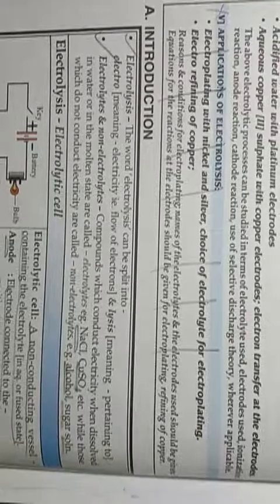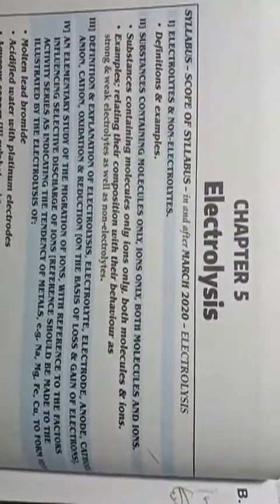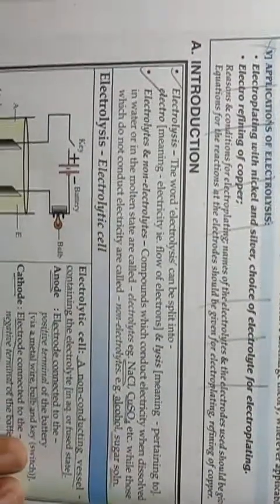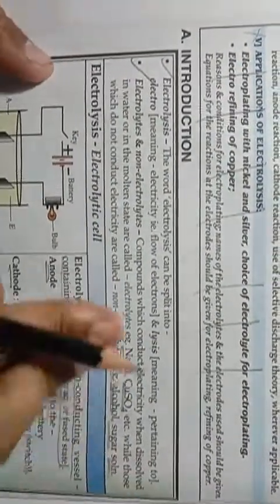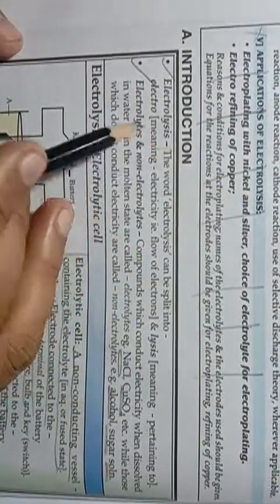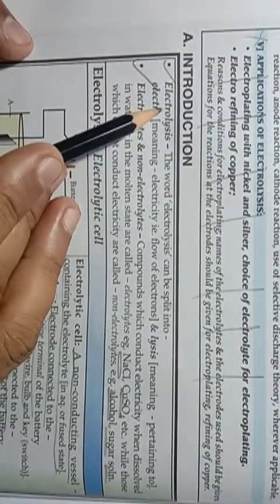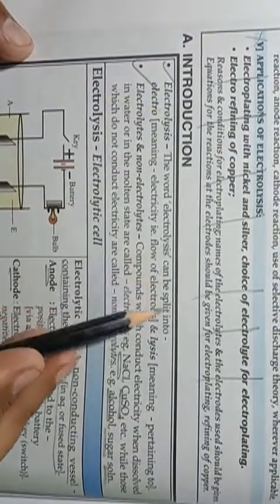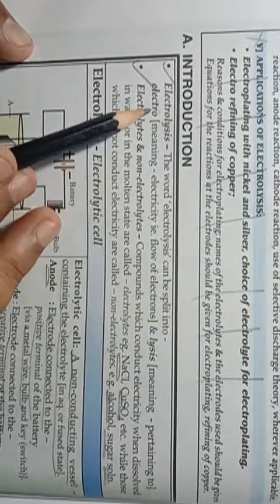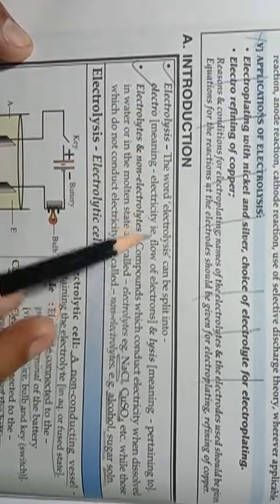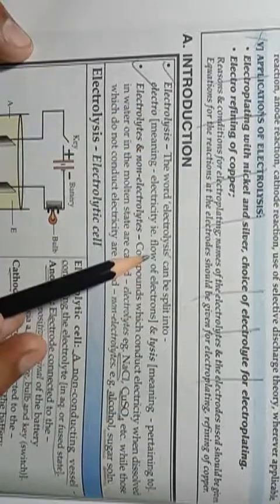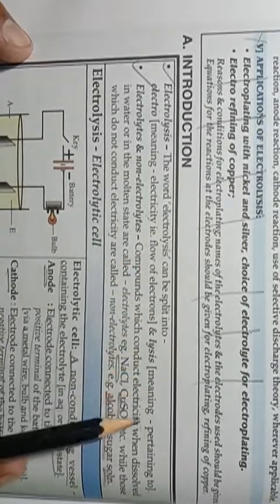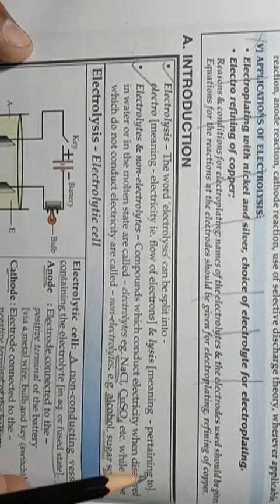Hello children, today we will start a new chapter, that is electrolysis. The first side heading of this chapter is Introduction, and the first sub-heading is Electrolysis. The word electrolysis can be split into electro, meaning electricity, which means flow of electrons, and lysis, which means pertaining to.